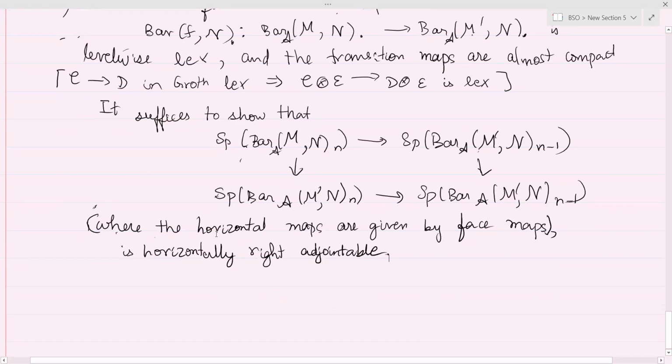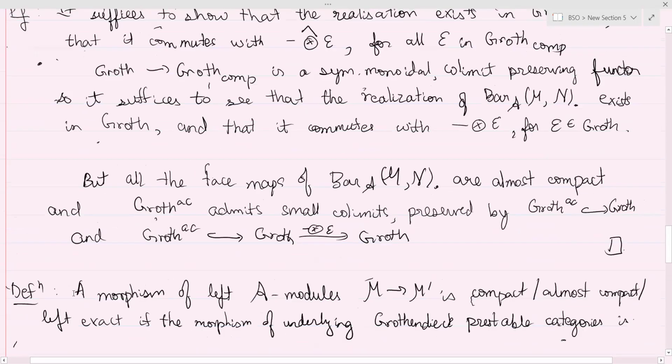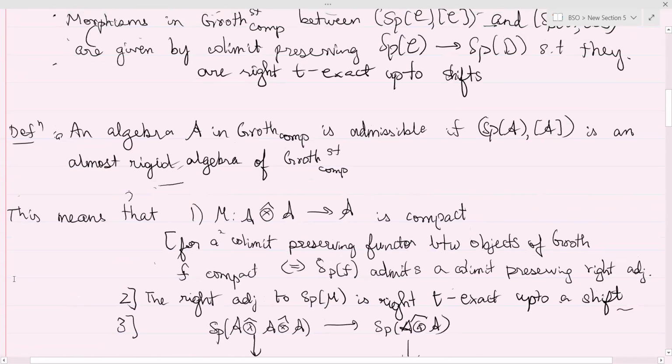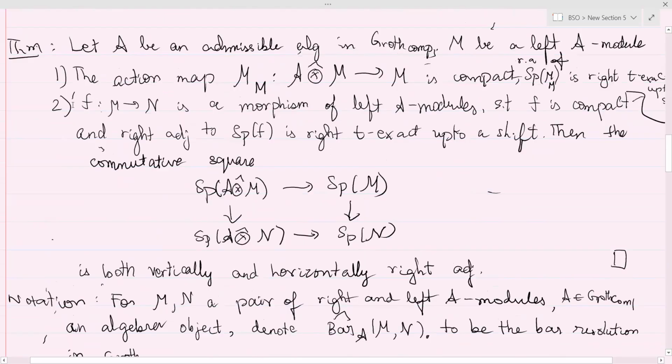So if you believe me for now that it suffices to say this statement, this is just the theorem above. Let me scroll up. It's the second part of this theorem here.